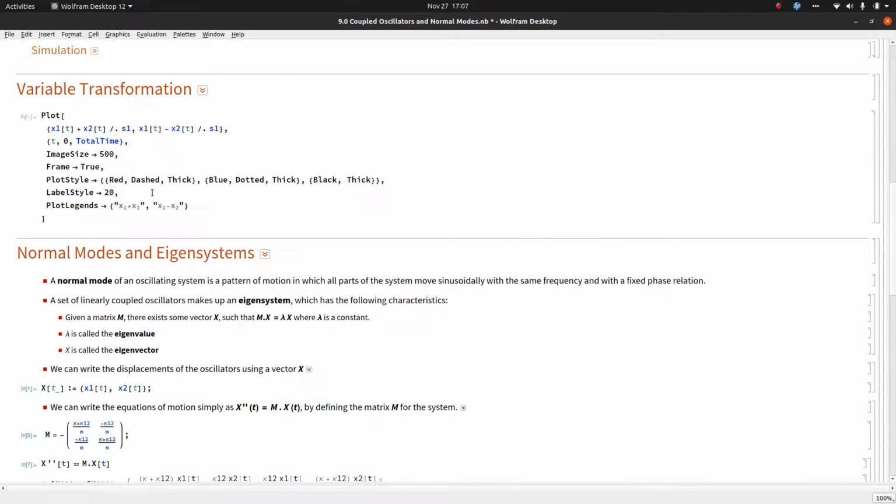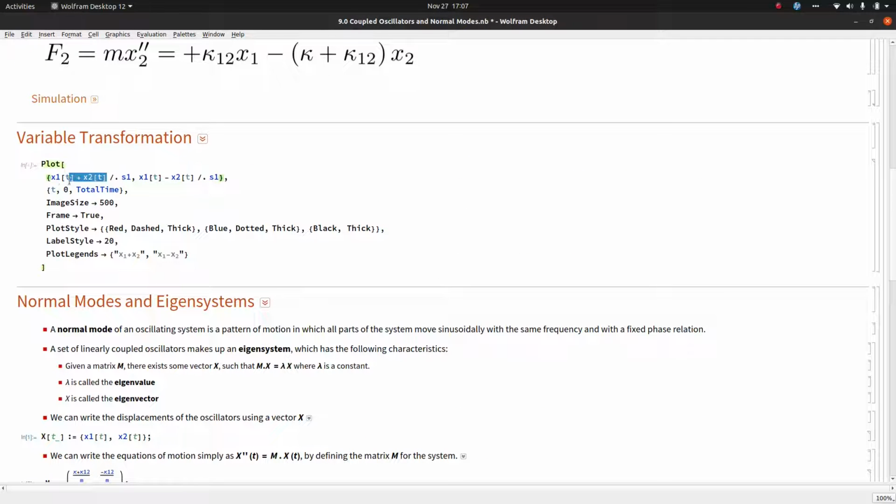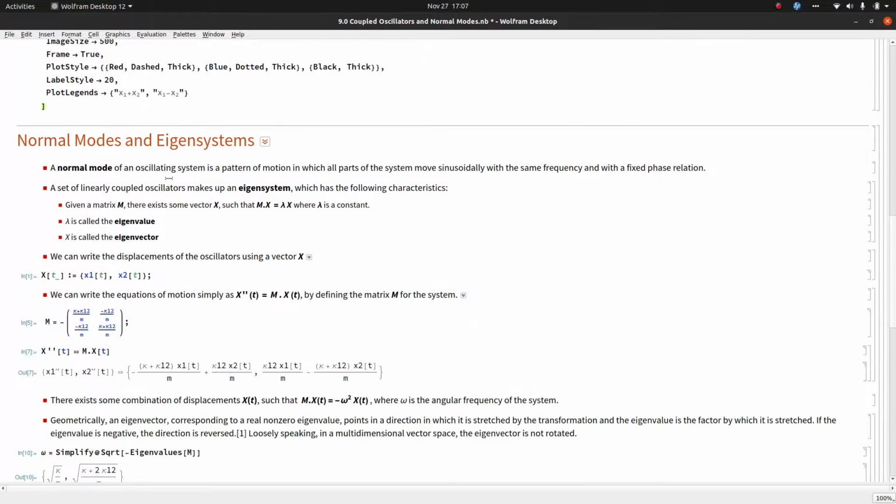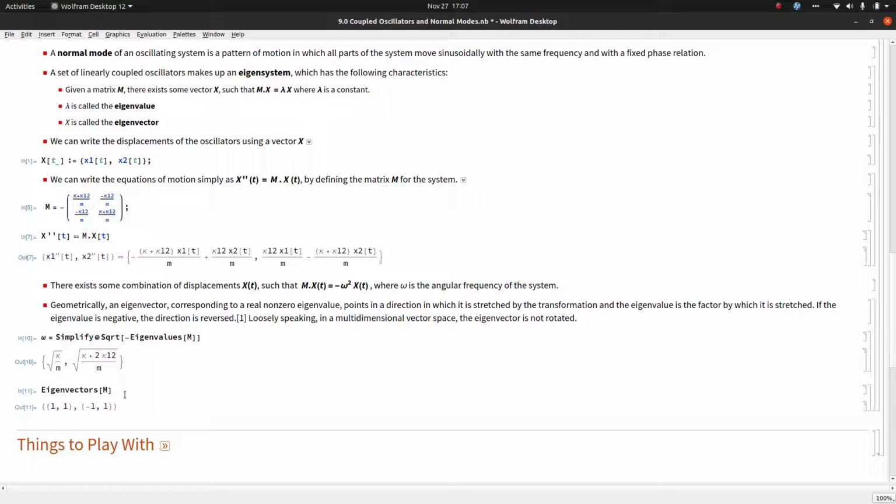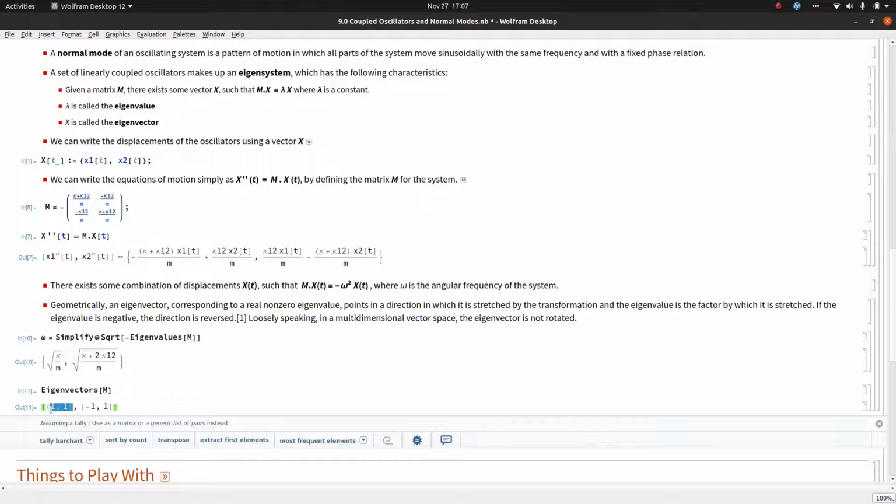Now, I should have pointed out, remember, we showed before that our modes were oscillating in phase, in which case the two displacements get added together, or they're out of phase, in which case there's a minus sign between the two. And you can see that's exactly what we have for the eigenvectors. They're either in phase, so x1 gets multiplied by 1, x2 gets multiplied by 1, or one of them gets multiplied by a minus sign and they're out of phase.